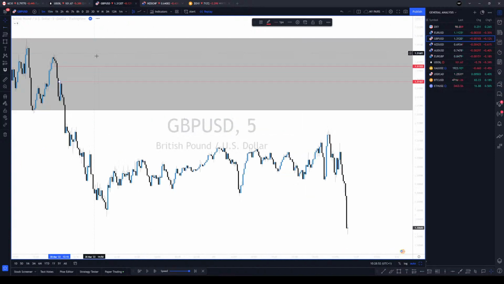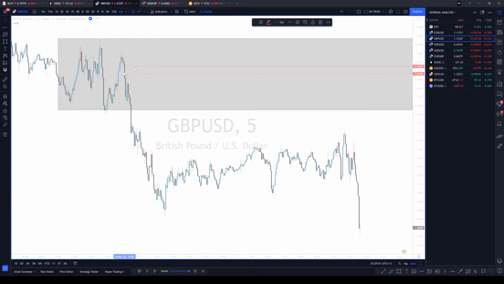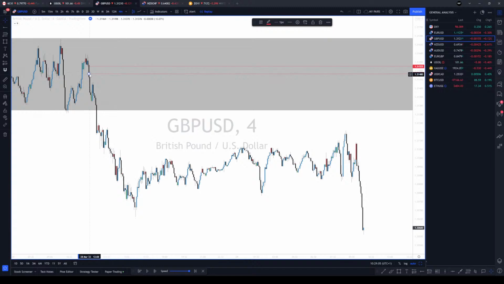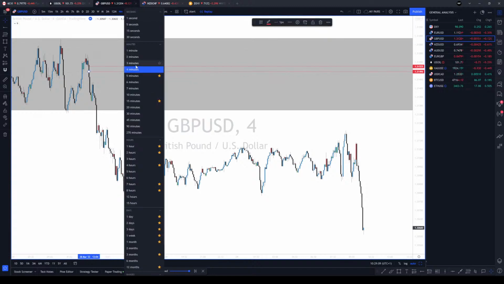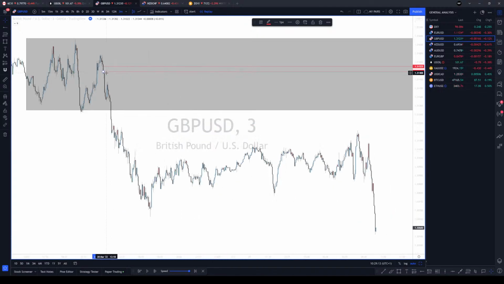Right, and we went down, and then we find this one and 4, that one there, 3, yeah, that one there. There's a small one in here as well.